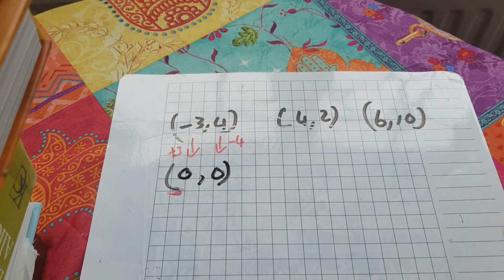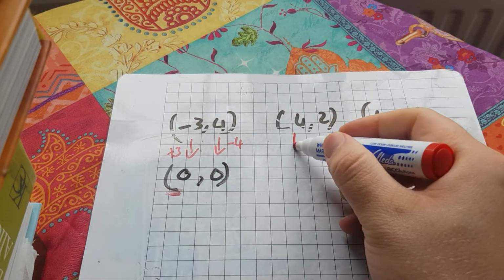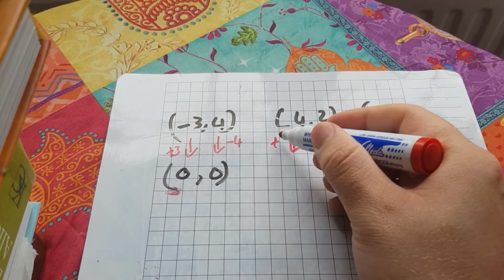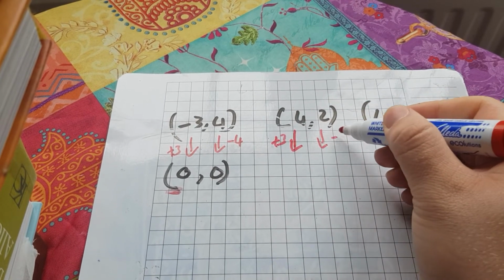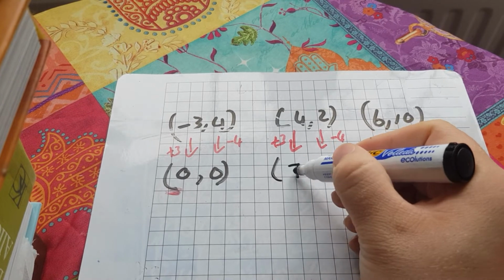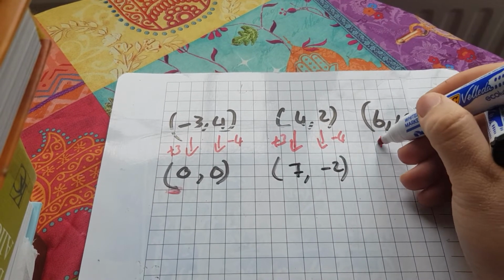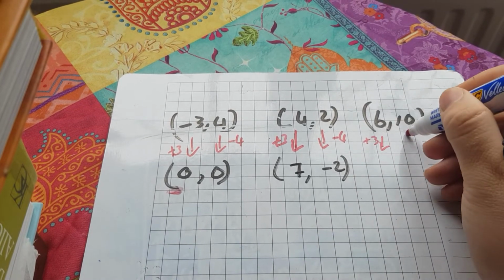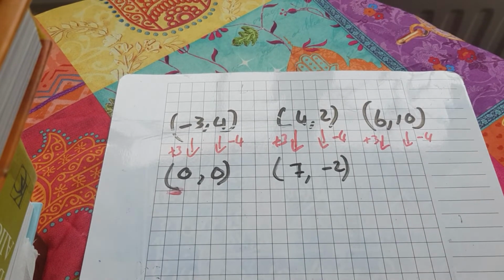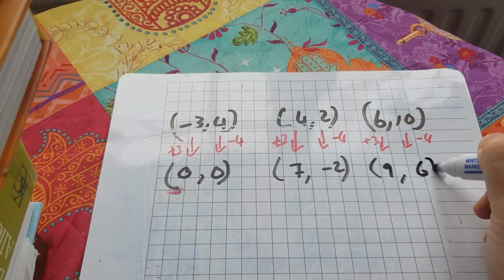Now, if I just move this point, I'm going to change the shape of the triangle. So I need to move the other points the exact same way. So this becomes 7 minus 2, add 3, take away 4. So this becomes 9, 6.